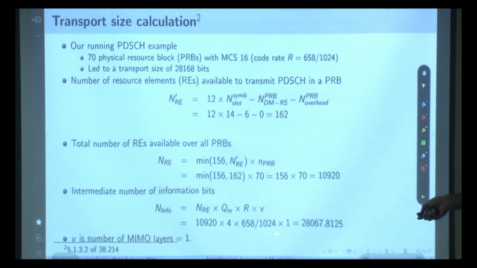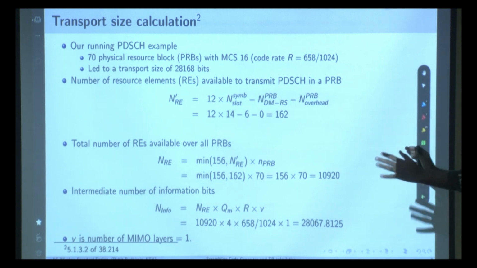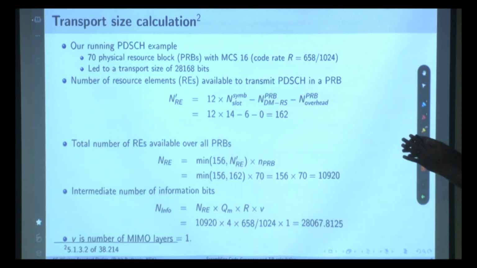So nu is the number of MIMO layers, and then this value needs to be sent to the quantizer. I will only give you a brief overview of how this quantizer works, because it's a very detailed procedure. So we'll look at it very briefly, and this will help us in understanding how the objectives of the quantizer are met.